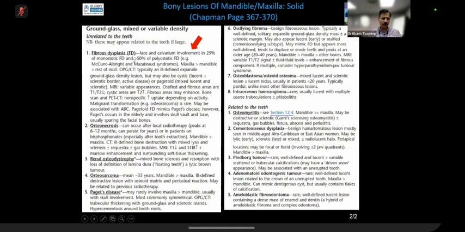One of them is fibrous dysplasia. Fibrous dysplasia is extremely important for your exam, and you should have clear-cut concepts about it. The summary is written here, so you can revise it from here.